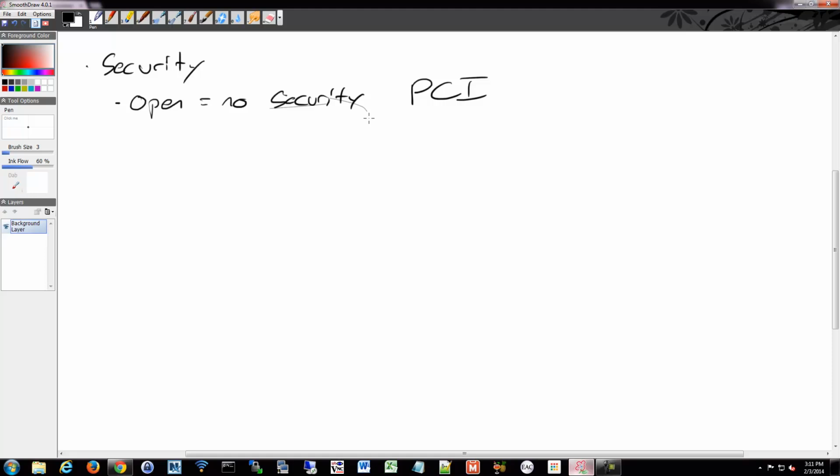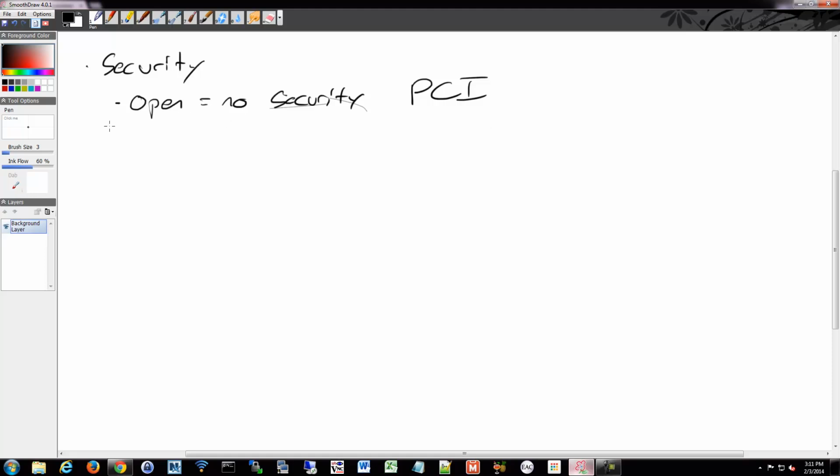This is just my little soapbox for a second. This is the payment card groups, the Visa, MasterCard, American Express, Discover, all those cards. They banded together and they created this working group, and they create standards for security for credit card processing.